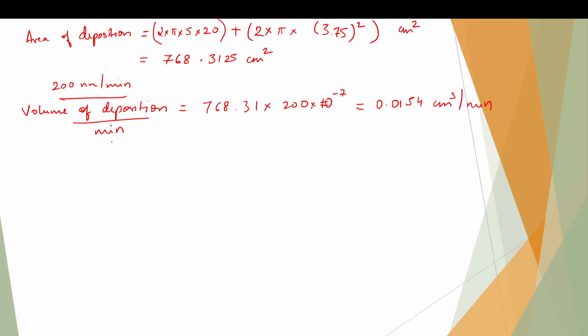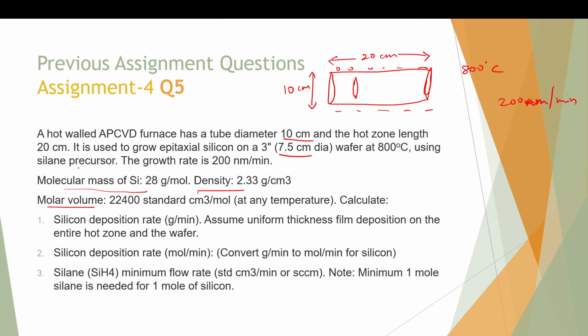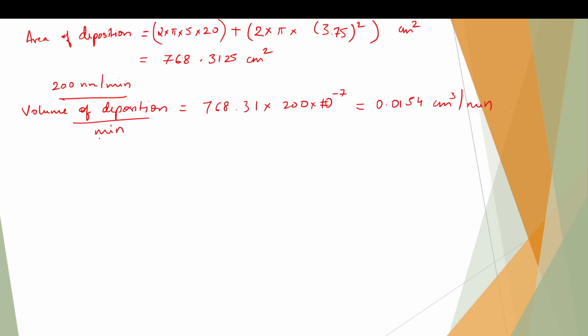Right. So now they have given us the density, that is 2.33 gram per centimeter cube. So in 1 centimeter cube we have 2.33 grams. So in 0.0154 centimeter cube we will have 0.036 grams per minute.